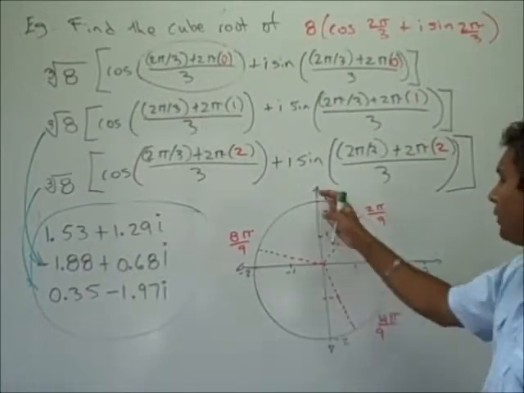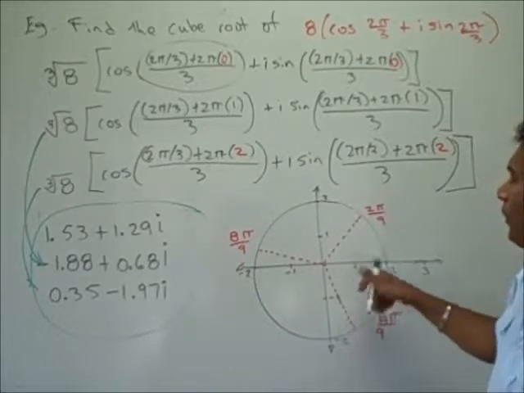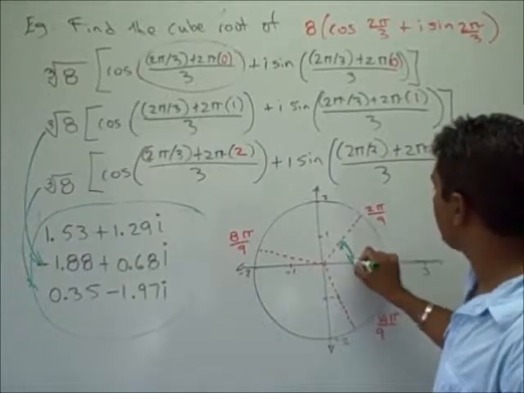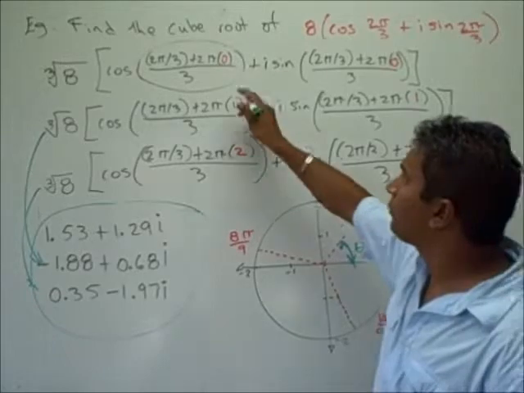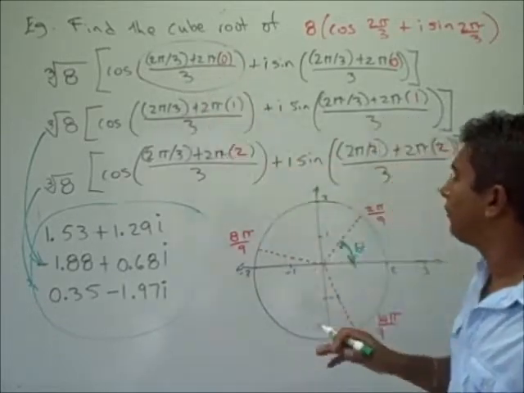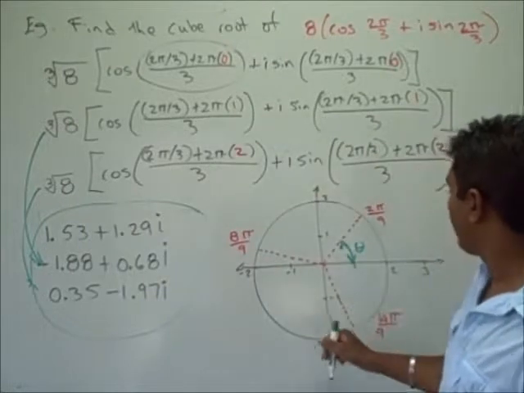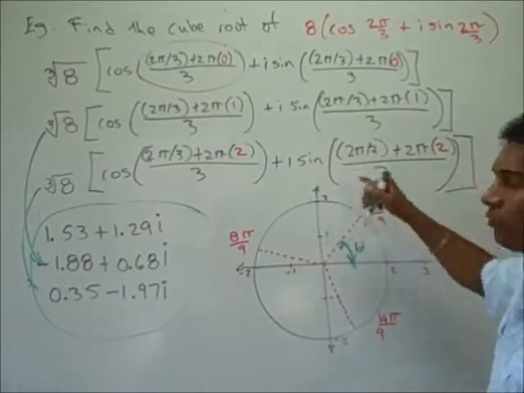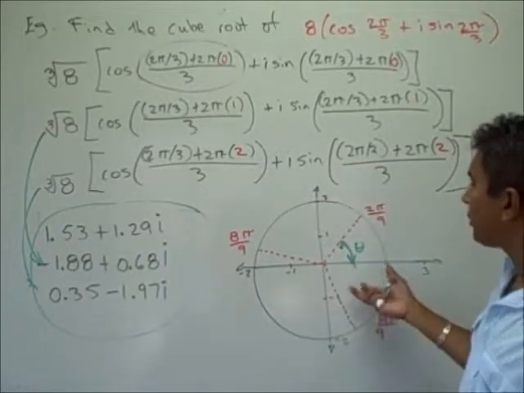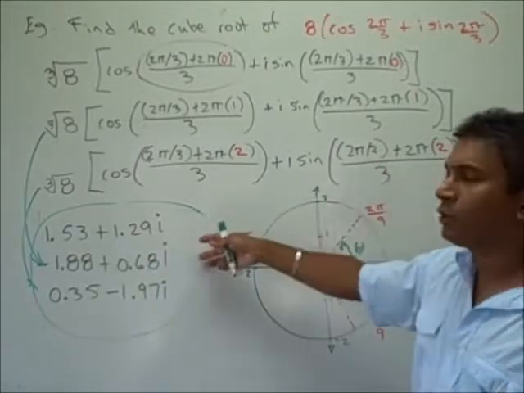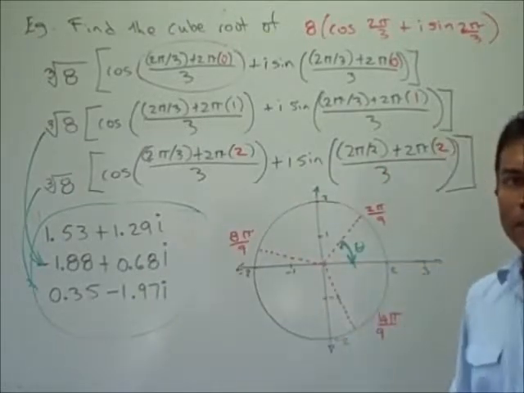And our theta would be first 2 pi over 9, which is what all this simplified to give. Our second angle would be 8 pi over 9, and our third angle would be 14 pi over 9. So here's the graph of our root, and here's the solution of our root.